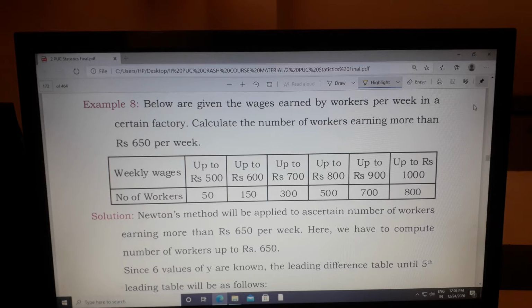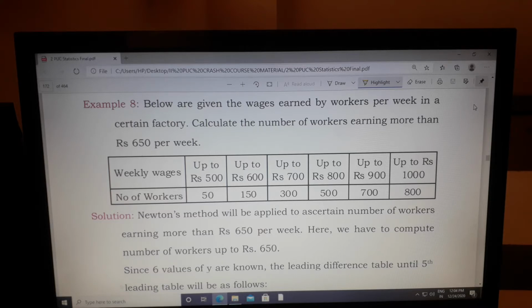In such cases, when you observe less than in the class interval place, obviously the frequencies must be LCF, less than cumulative frequencies. Less than cumulative frequencies means an increasing set of observations, increasing order you can observe in LCF. Look here, wages are given less than 500 up to less than 1000, and the number of workers is also given in terms of LCF.